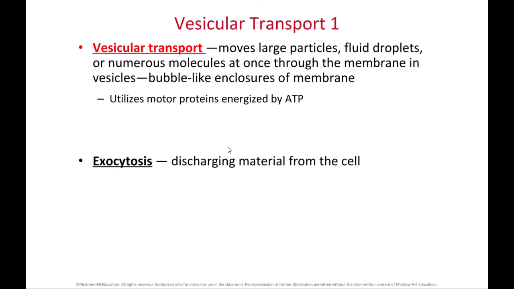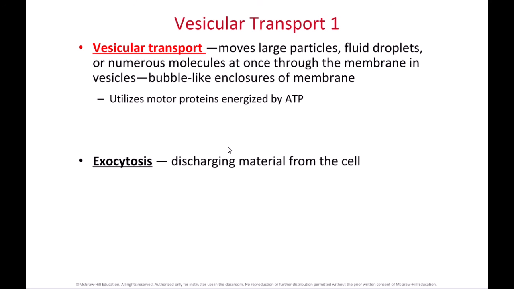Okay, let's talk about how to move bigger things across the cell membrane. We can use vesicular transport to take a large particle and move it across the plasma membrane. Vesicular transport is usually used for things that are too big for a carrier protein to carry across the cell membrane.